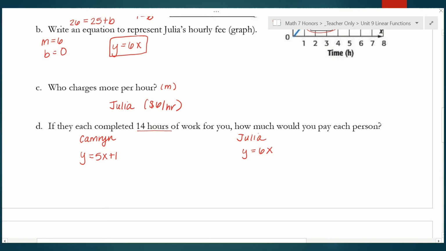We're talking about 14 hours of work, and hours is x, so I'm putting in 14 in place of x. I'm going to get that it's going to cost $71 for Cameron. And for Julia, 6 times 14 is $84. So that's how much you'd have to pay each person, given those were their equations.